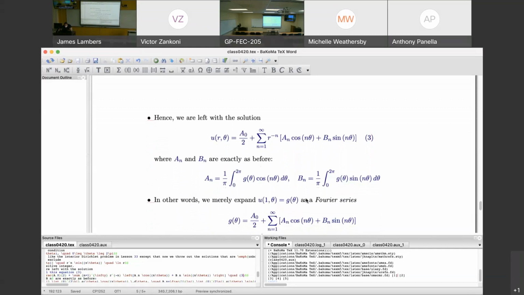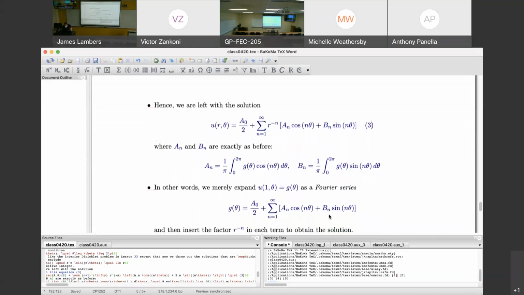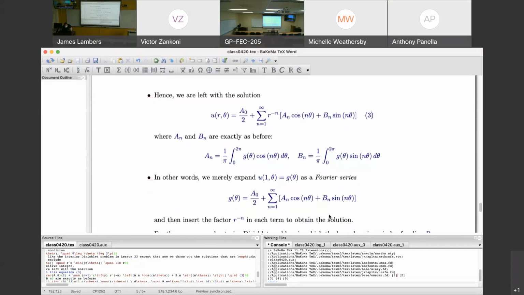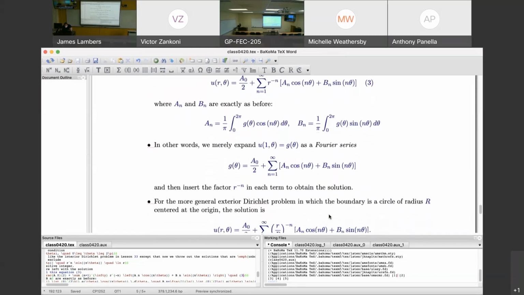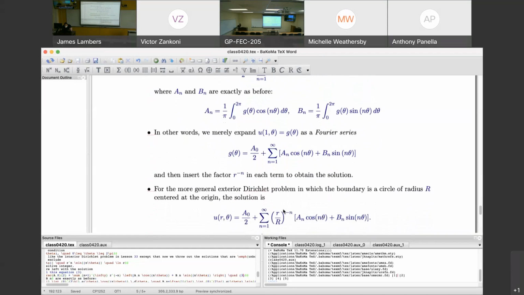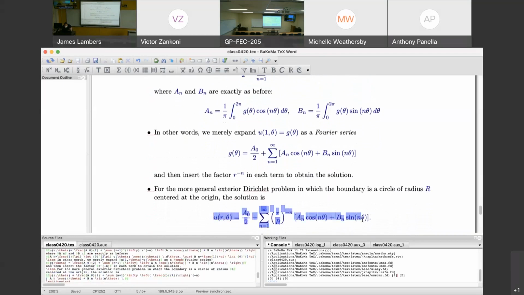So the a and the b are the Fourier series coefficients of G. And then if we have the boundary being a circle of radius capital R instead of 1, so really this is more general, I recommend dealing with this one.